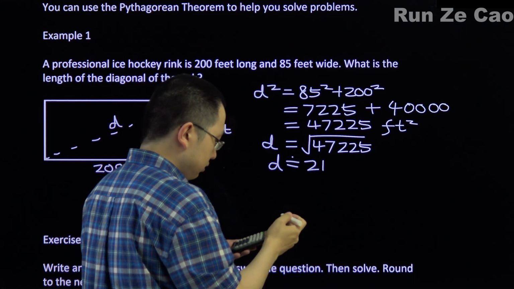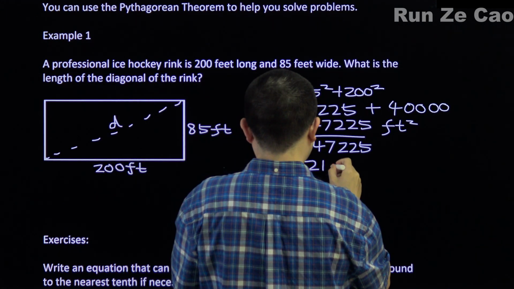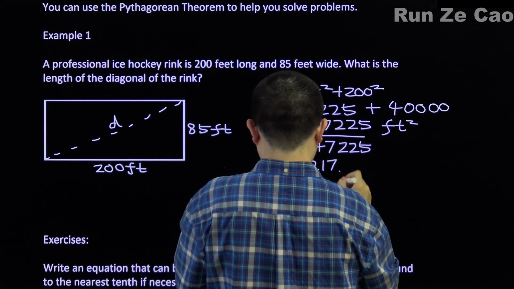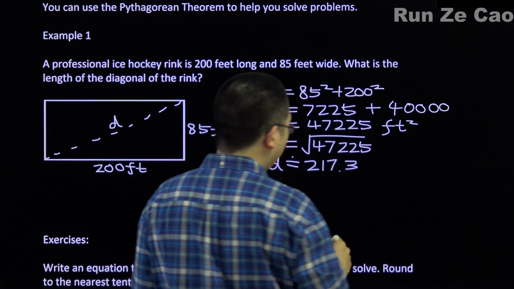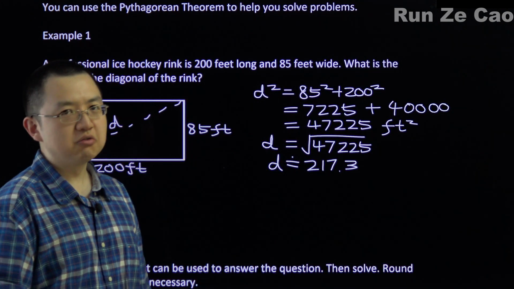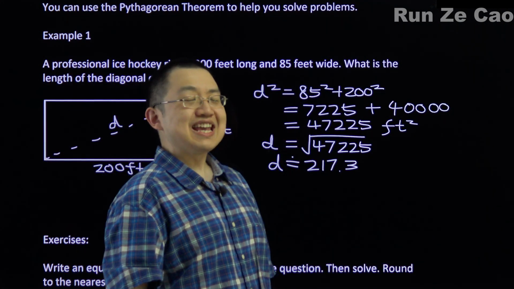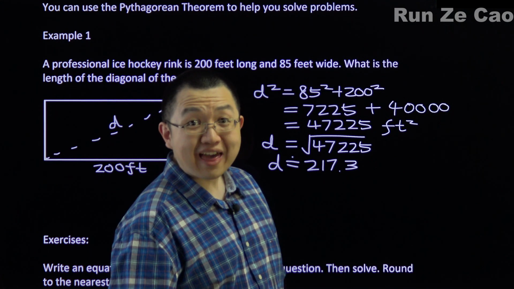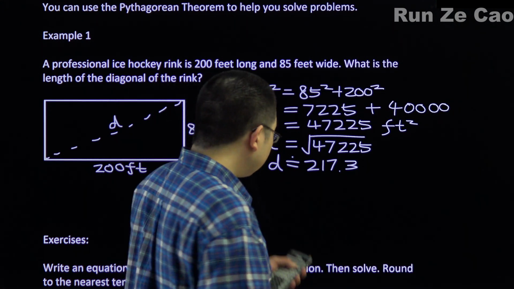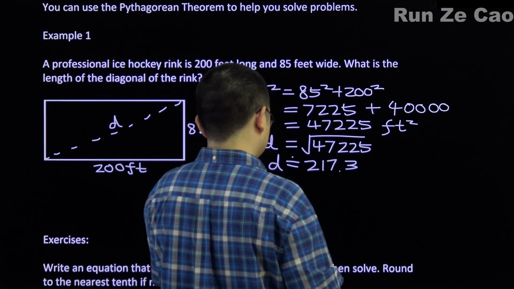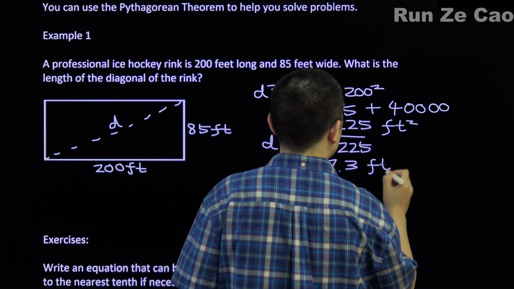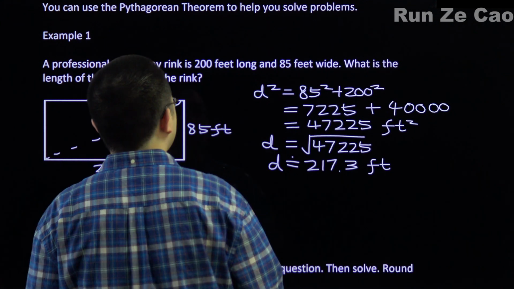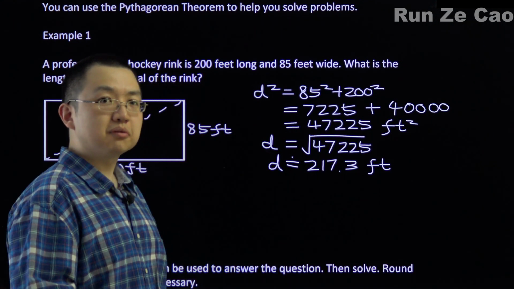Should we round? Because telling somebody that the length of your hockey rink's diagonal is the square root of 47,225 is not very useful to them. But if you tell them, oh, it's like 217.3 feet, yeah, it's a bit less useless.